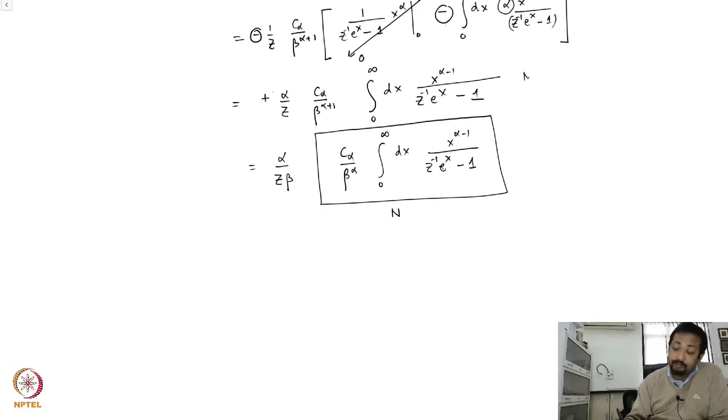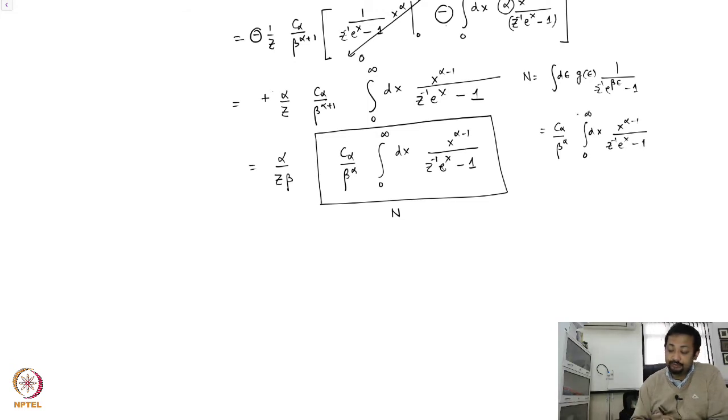So particle number n was integration d epsilon g epsilon 1 over z inverse e to the power beta epsilon minus 1. And if you substitute for epsilon to the power alpha minus 1, you are going to get C alpha divided by beta alpha dx x to the power alpha minus 1 z inverse e to the power x minus 1, 0 to infinity.